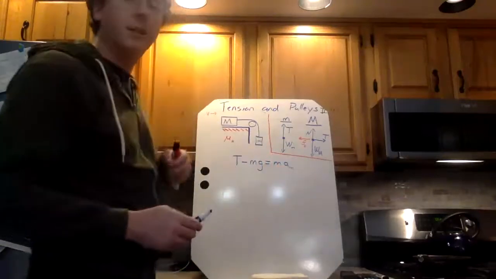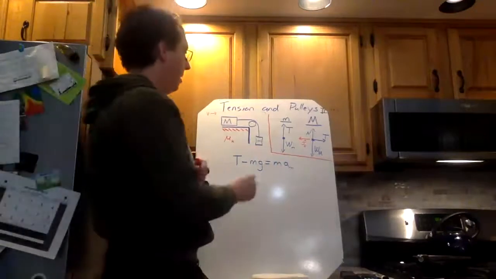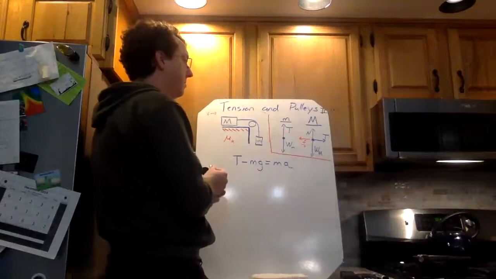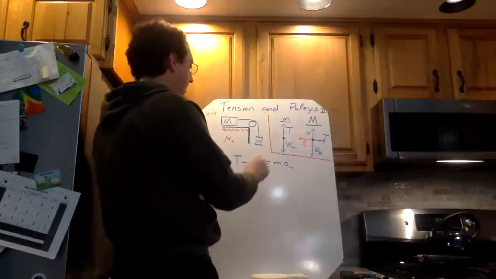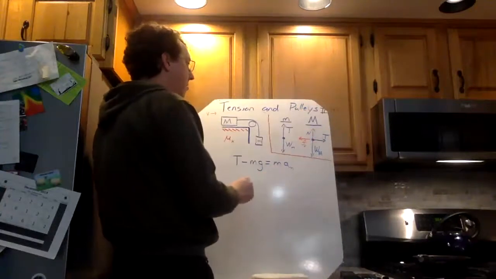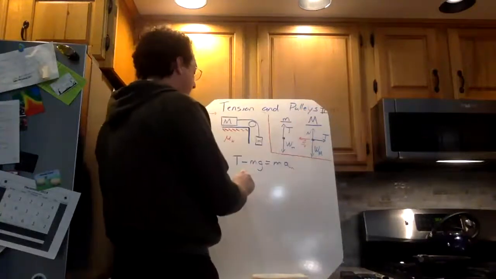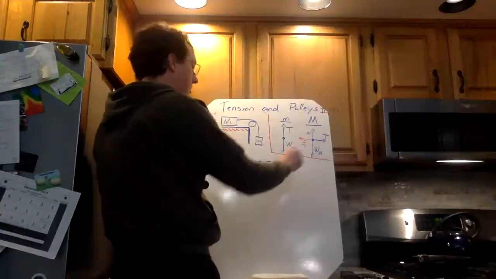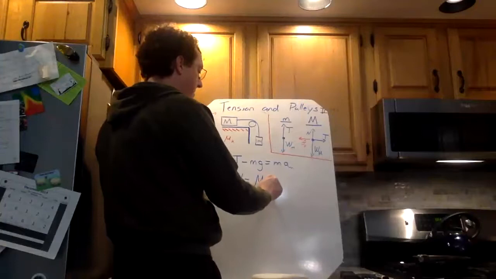That's what we found in the last video. I'm just finding the net force from the diagram and setting it equal to mass times acceleration. The other thing we found in the last video, because it's not accelerating at all in the vertical direction for the large mass, is that the normal force must equal the big mass times g.